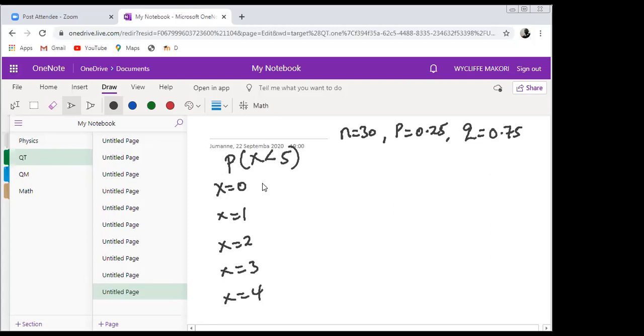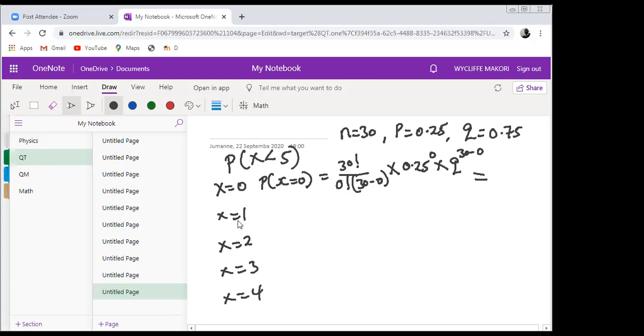When x is 0, the probability that x equals 0 is n factorial, which is 30 factorial over 0 factorial, because x is 0 for that case, into 30 minus 0 factorial, times 0.25 power 0, times q power 30 minus 0, which will give you 30. You calculate that one, you get the answer when x is 0.